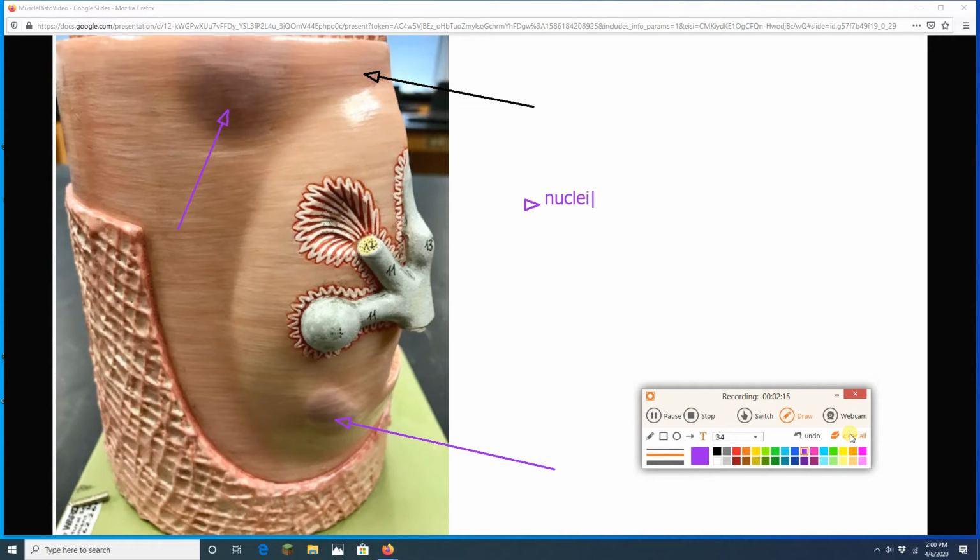Okay? And what else do we see here? We see a bunch of stuff. I want to point out a portion of the sarcolemma that I'm drawing a purple little circle around. That portion of the sarcolemma right there is known as the motor end plate. The motor end plate is the part of the muscle fiber that is adjacent to an axon terminal.